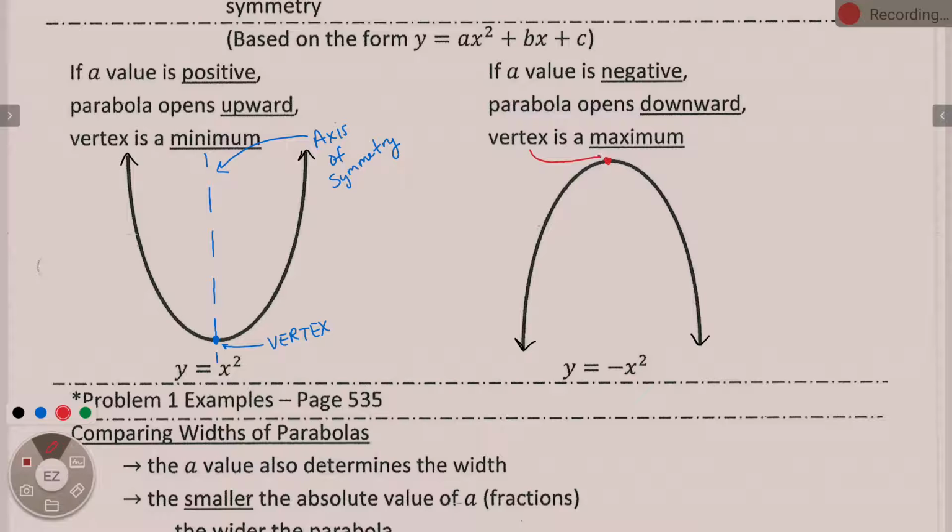So there's my vertex, and that is a maximum point. And then we still would have the axis of symmetry. Yep, axis of symmetry. Anytime we talk parabolas, those are good vocabulary words to have: vertex and axis of symmetry.